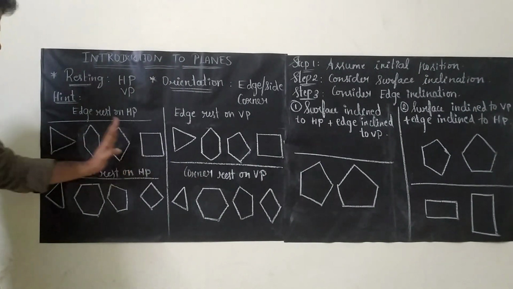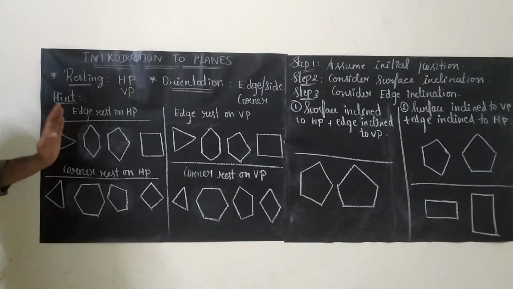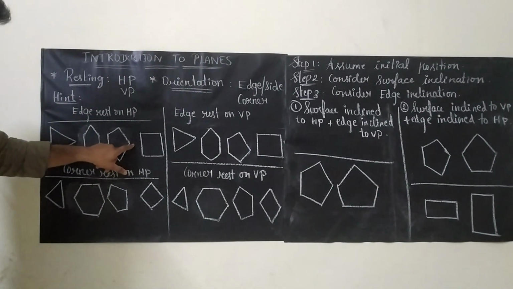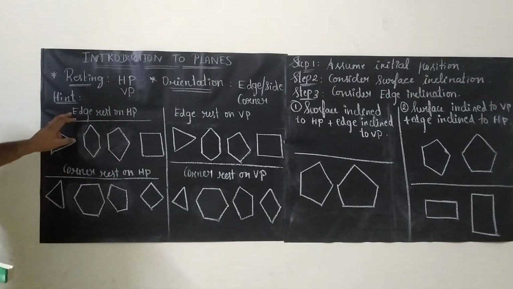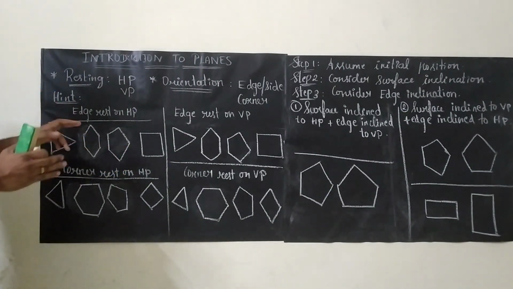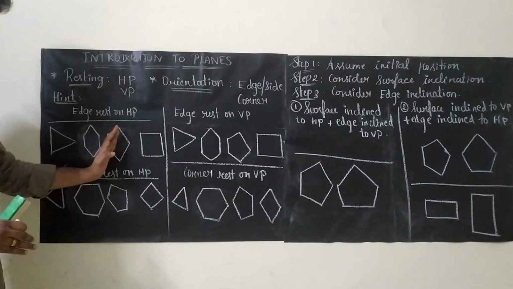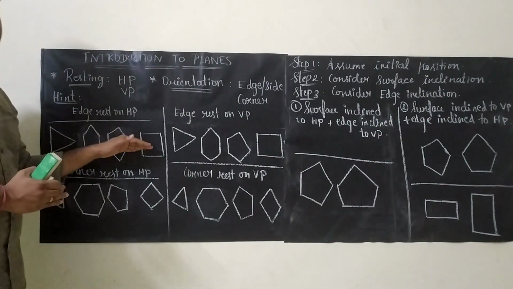So the edge should be lying on your left hand side when you are drawing the diagram. If I want to draw a triangle, the edge should lie on the left hand side. This one is called a corner. So according to the hint, edge resting on HP means the edges should be lying on the left hand side and we have to draw the diagram below the XY line.